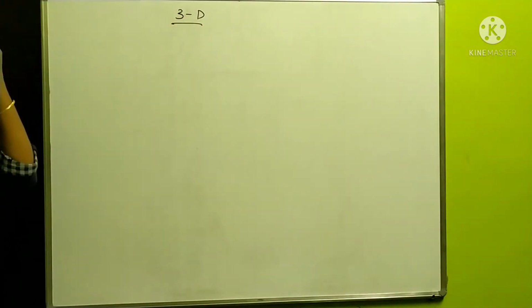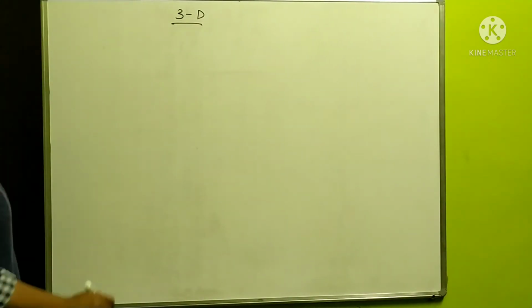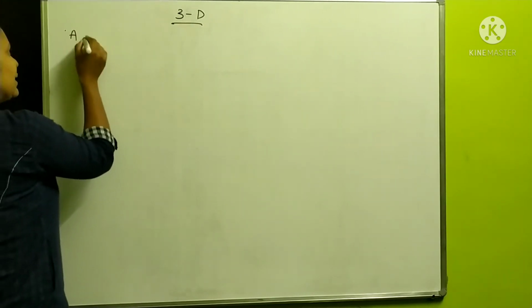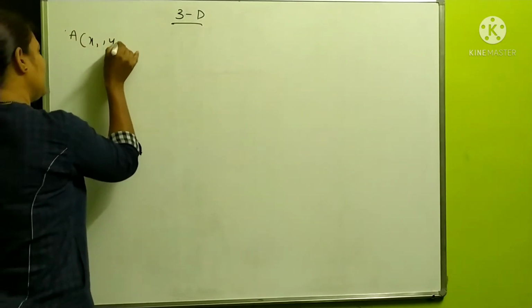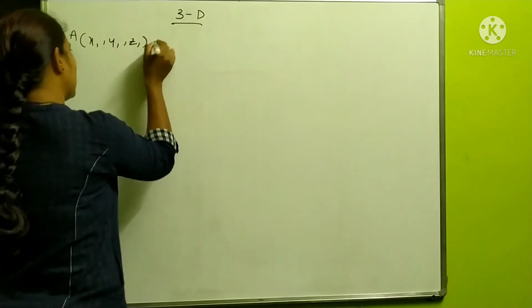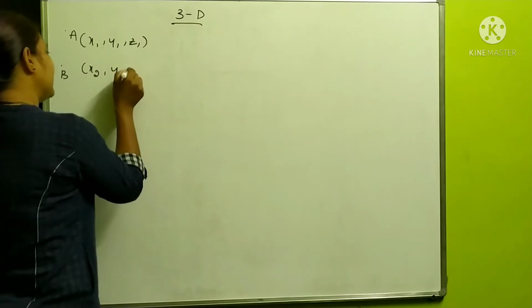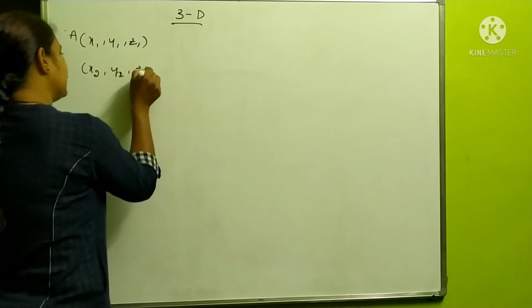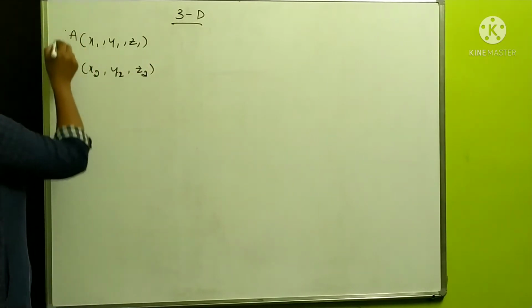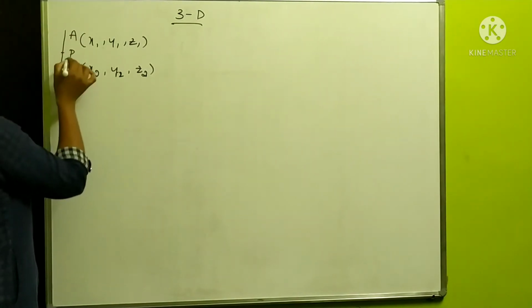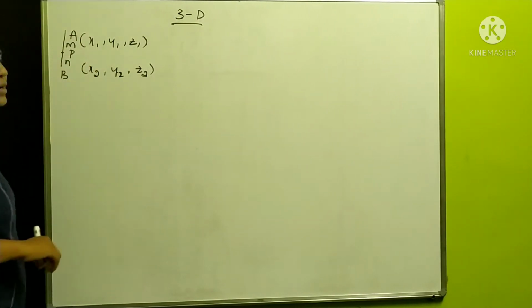Go for the section formula now. What does our section formula say? Suppose A is a point (x1, y1, z1) and B is a point (x2, y2, z2). Some point P divides this line segment internally in the ratio m is to n.